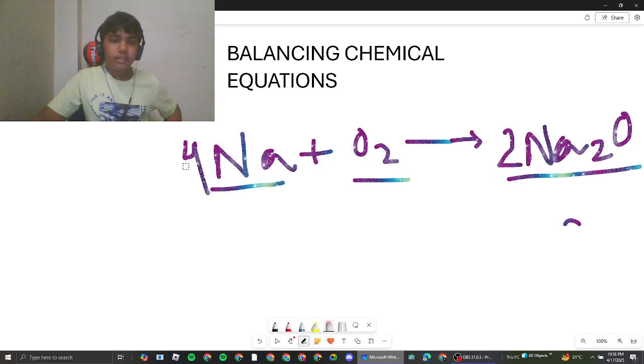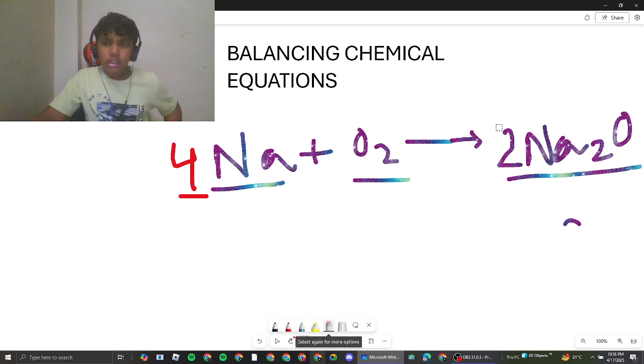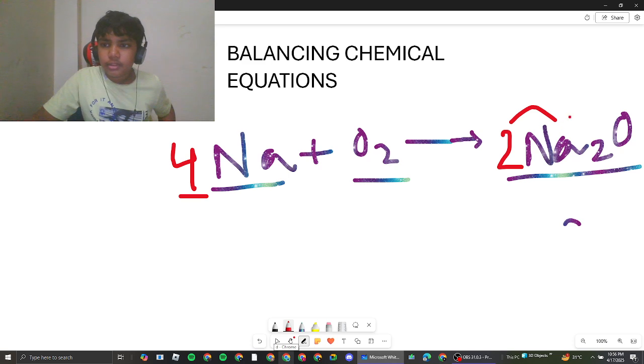Now I'm going to put this in a different color so we can differentiate. So the coefficients are 4 Na and 2. I'll explain why, because this coefficient is multiplying into that.